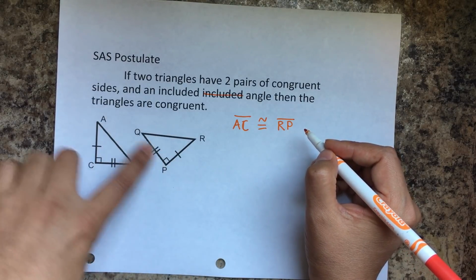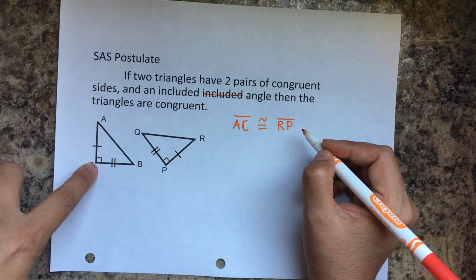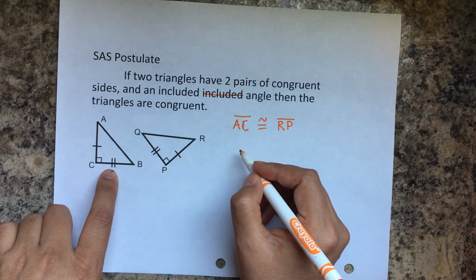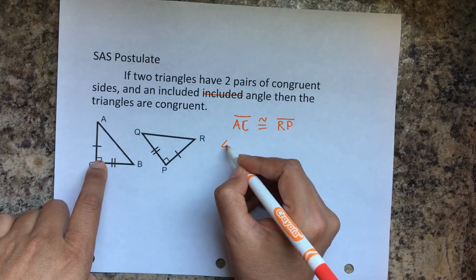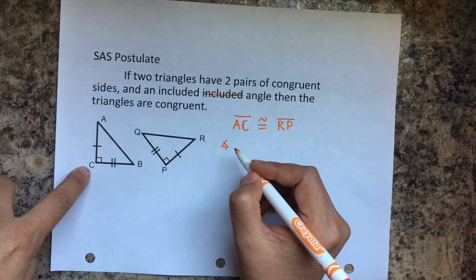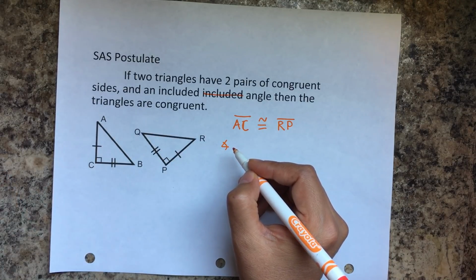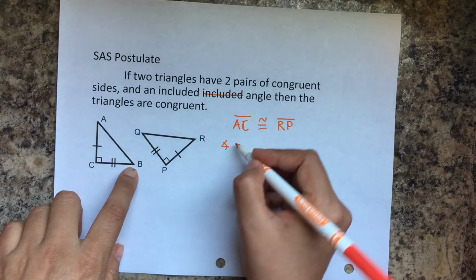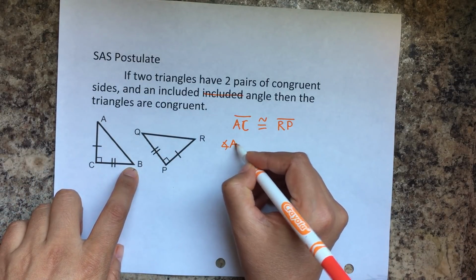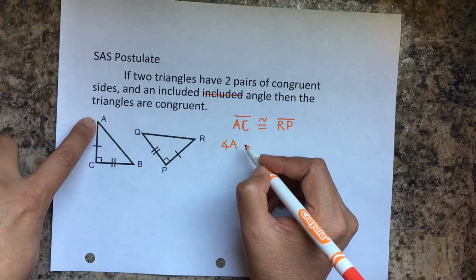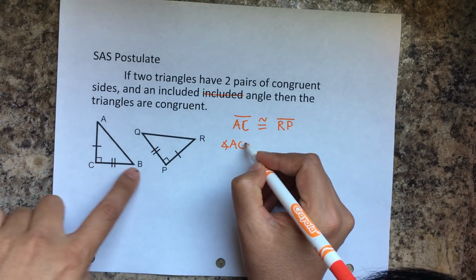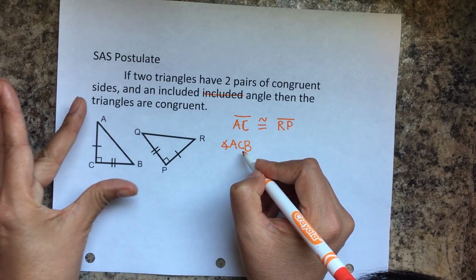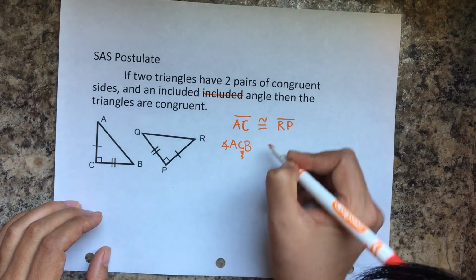We also know, now I'm going to go with the two markings. I'm going to go with the angle first. And this angle, you can name it with just the vertex, angle C, or you can name it with 3 letters. I'm just going to write it with 3 letters so that you can get used to it. So angle ACB. Another thing that you have to remember is that the vertex that's forming the angle is always in the middle.